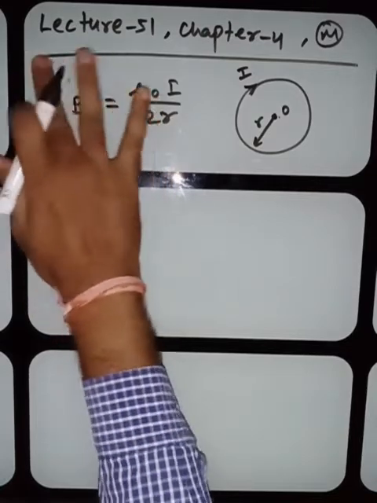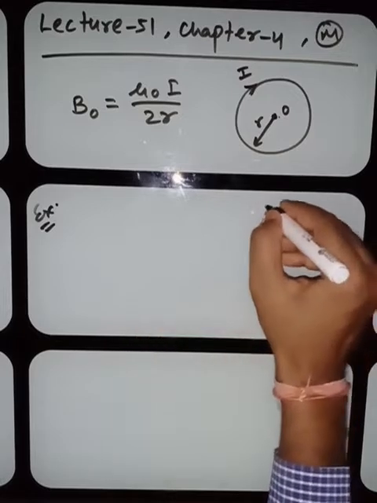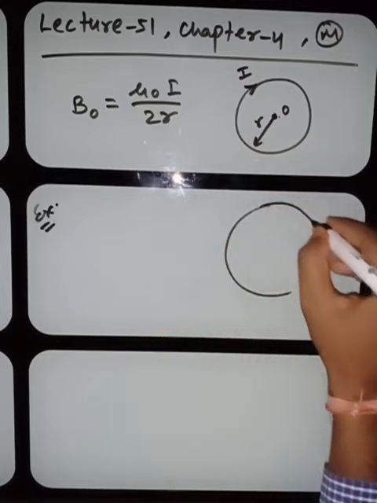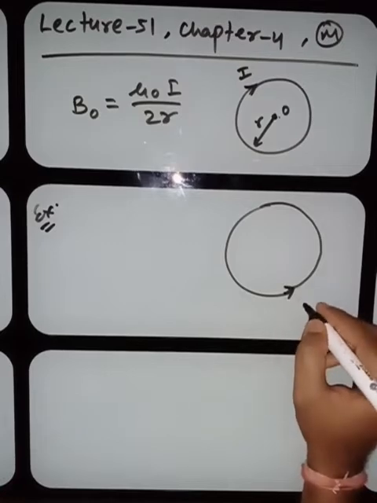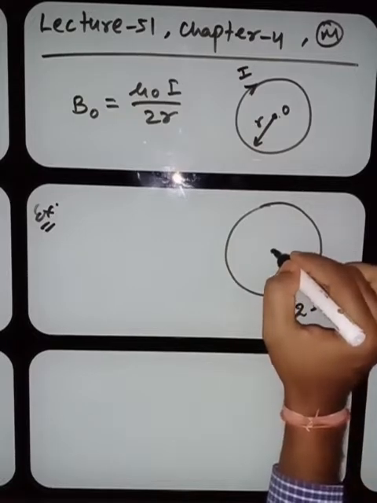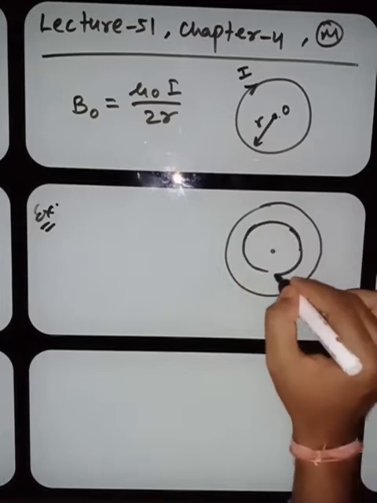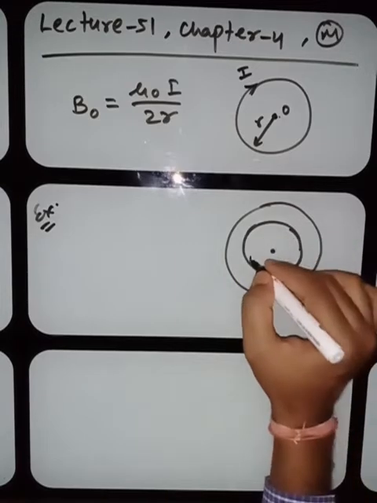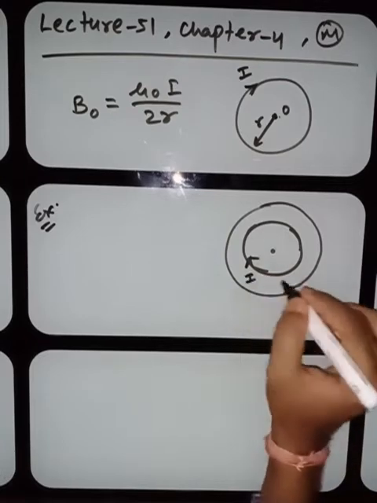Here is one conductor through which current is flowing, suppose it is 2I ampere, and a concentric second conductor through which current is flowing in the opposite manner, it is I ampere.